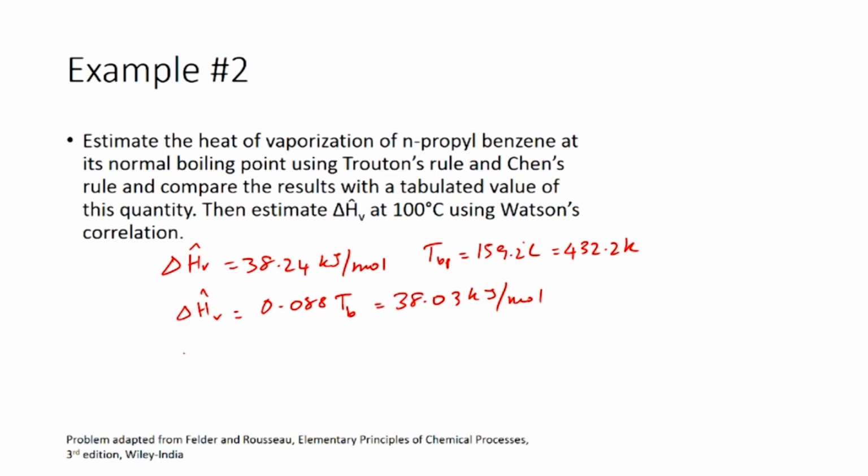Chen's rule can be used for calculating the heat of vaporization using the boiling point, critical temperature and critical pressure. The critical temperature for N-propyl benzene is 638.7 Kelvin and critical pressure is 31.3 atmospheres.